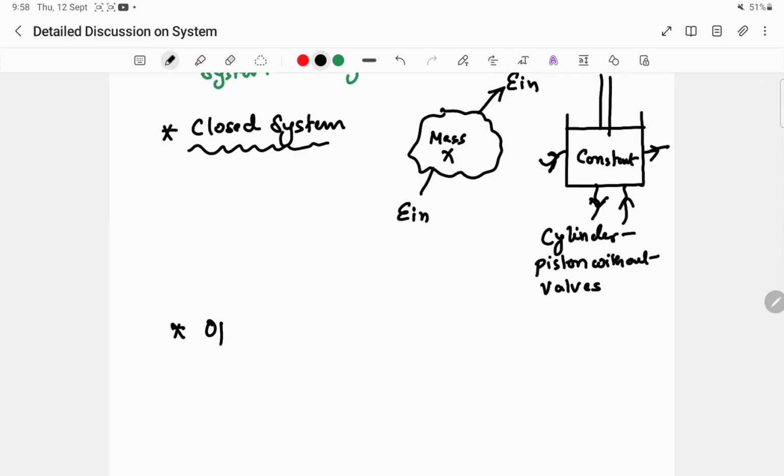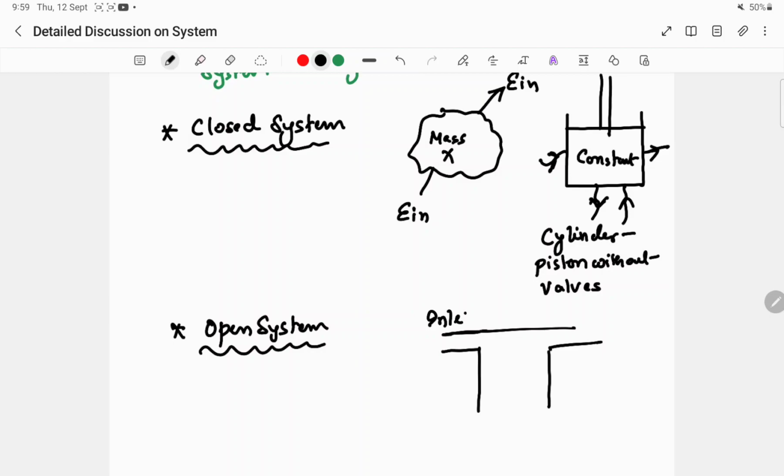Next is your open system. Supposedly you have a piston cylinder arrangement and there is an inlet valve and an outlet valve, and here is your piston.